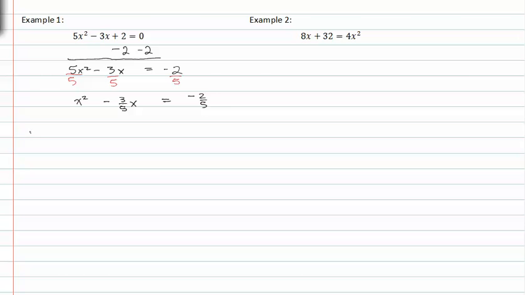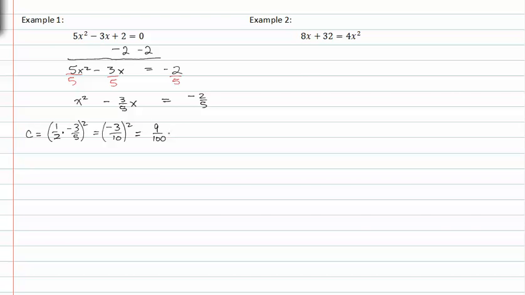Now we need to find c. c is equal to 1/2 times -3/5 squared, and that gives us -3/10 squared, which is 9/100.